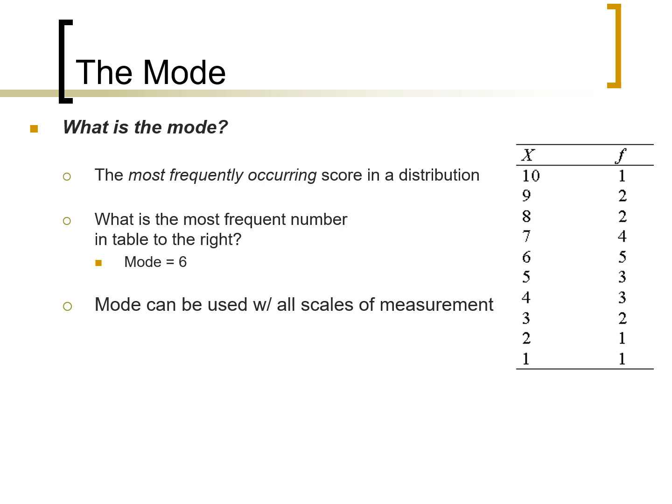The mode can be used with all scales of measurement. So certainly if we're comparing types of burger chosen, whether it's a chicken sandwich versus a double cheeseburger versus a burrito, the mode can tell us which one has the highest value, which one was most frequent in a given sample or population.